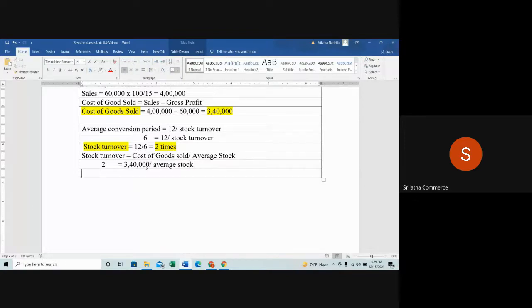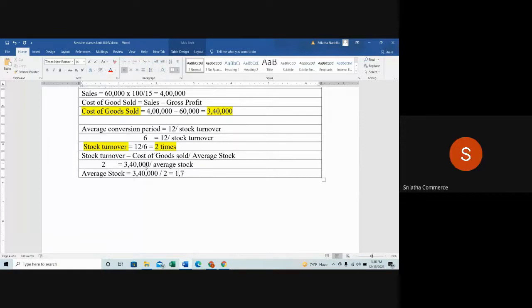With this formula we are going to find out the average stock. Average stock is equal to 3,40,000 divided by 2. How much are you getting? 1,70,000.